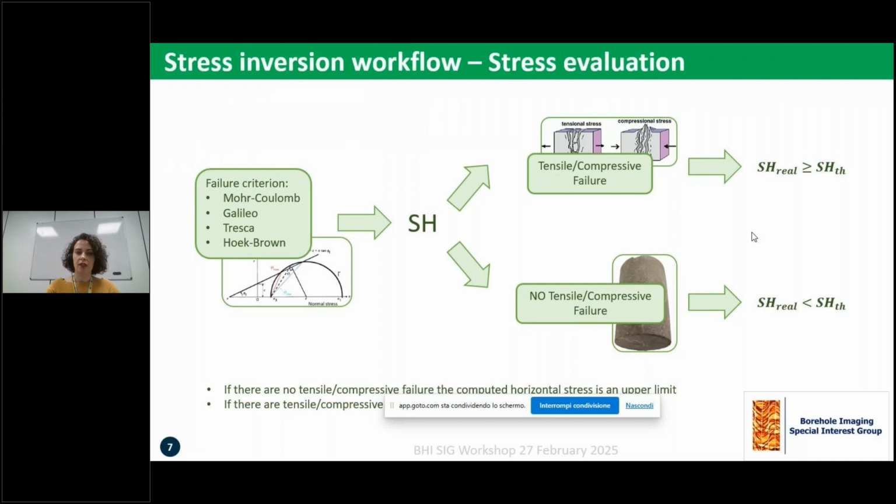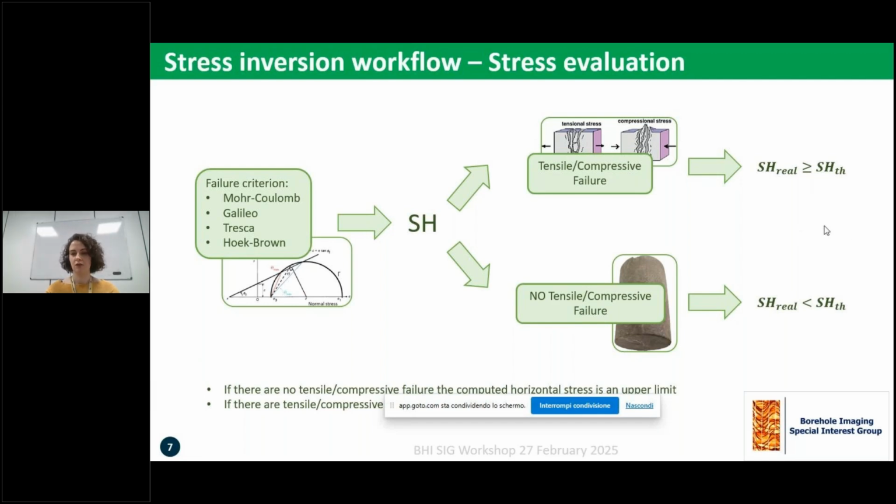Then we compare the computed horizontal stress with the information about tensile and compressive failure. In particular, if there is no tensile or compressive failure, the computed horizontal stress is an upper limit. On the contrary, the computed horizontal stress would be the lower limit.